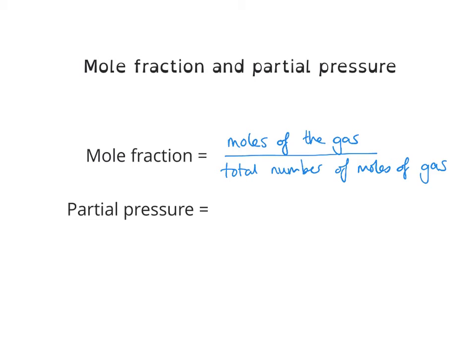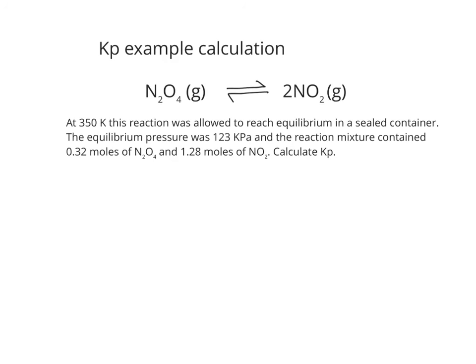Therefore the partial pressure is just how much pressure that one gas contributes to the whole mixture. And so it's going to be the mole fraction, for example 3/7, 4/7, multiplied by the total pressure. In that case it would have been 1 atmosphere or 100 kilopascals. Let's have a look at how we can put that into a calculation.